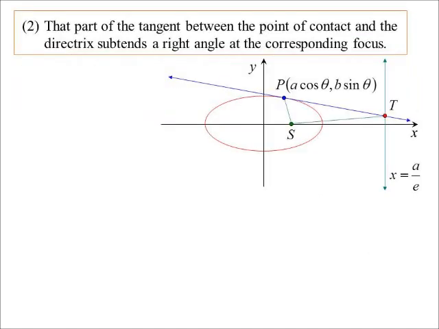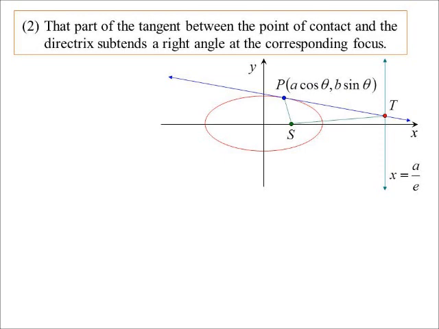Now we're going to try and make sense of this one. That part of the tangent between the point of contact and the directrix subtends a right angle at the corresponding focus. I'm going to need a picture to explain this one. So let's draw it up. So now let's read that again.